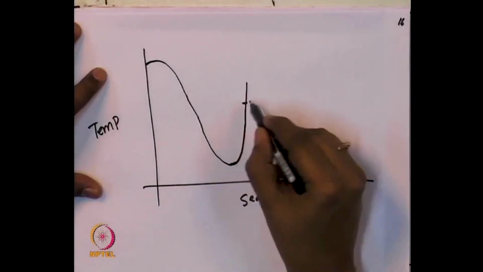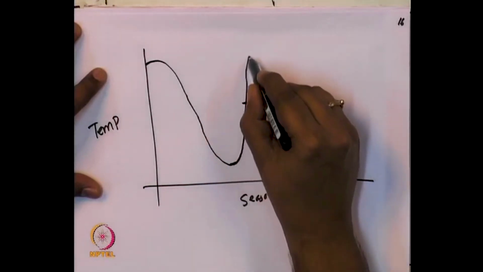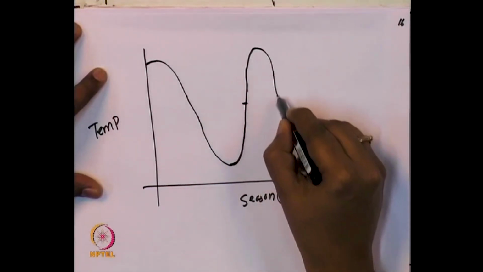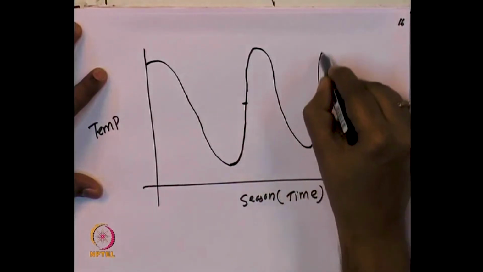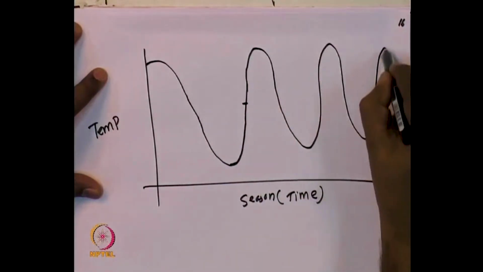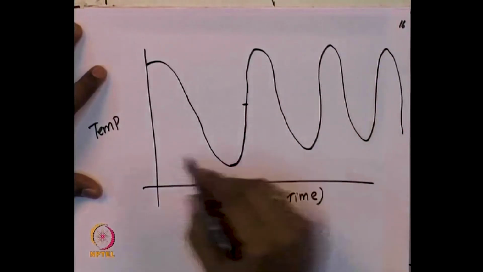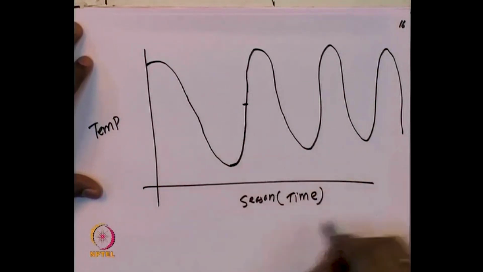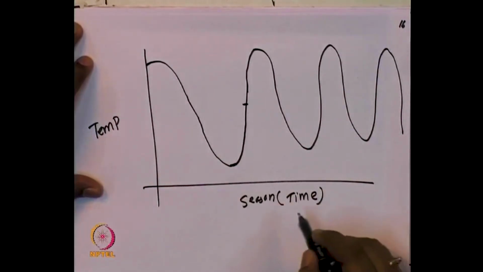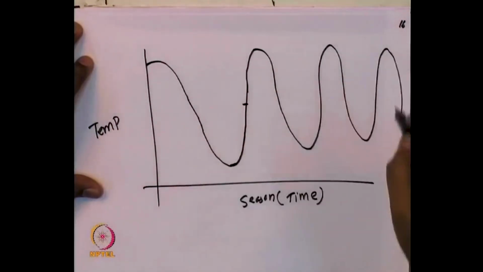In March it has some intermediate value, again summer comes, it's a maximum, and then decreases, increases, decreases, increases, decreases. So temperature over seasons in time, you have this periodic function.